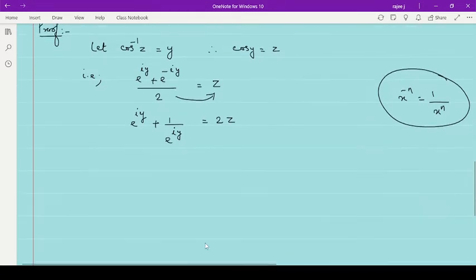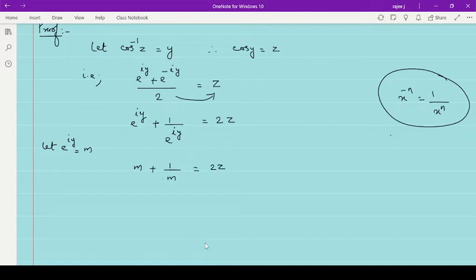So now take LCM. Again, if you find it difficult to put e raised to iy and all, just take e raised to iy is equal to say m. This step is not necessary; if you find it difficult to simplify using e raised to iy, then only use this one. So e raised to iy, I am putting it as m. So m plus 1 by m is equal to 2z.